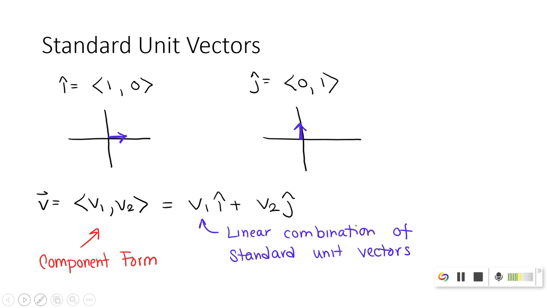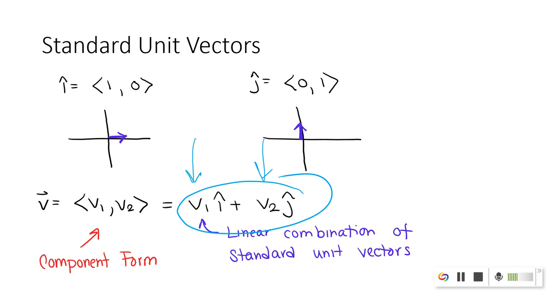Or the second thing I have written on the screen, so I'll circle it, this right here. We can also write our vector as what's called a linear combination of standard unit vectors. Or more casually, sometimes I just say we can write our vectors with i's and j's. And so we write the vector as the horizontal component times i plus the vertical component times j. And it's just another notation.